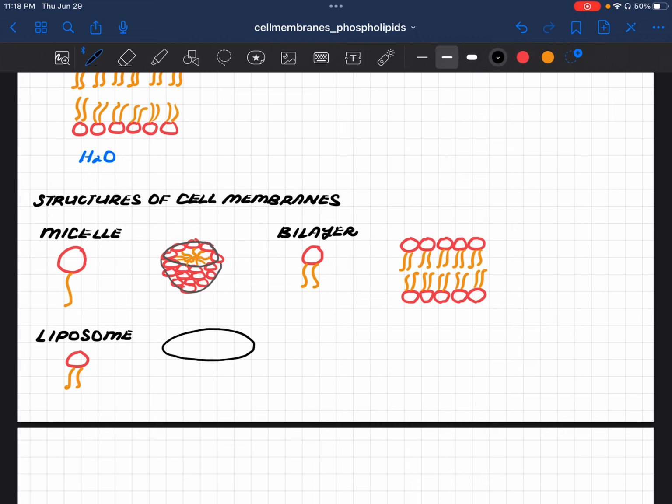So it might look something like this, where we have the phosphate groups out here and a hollow part in here, also with phosphate groups out here too.